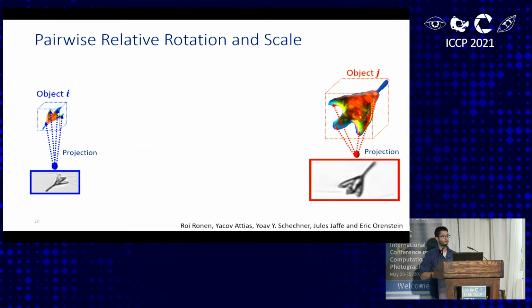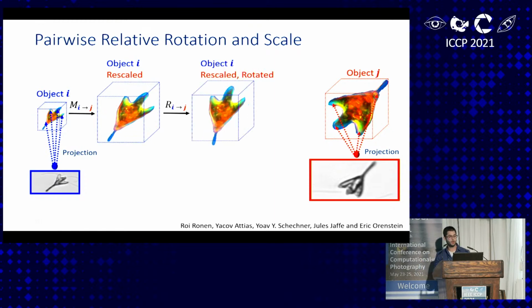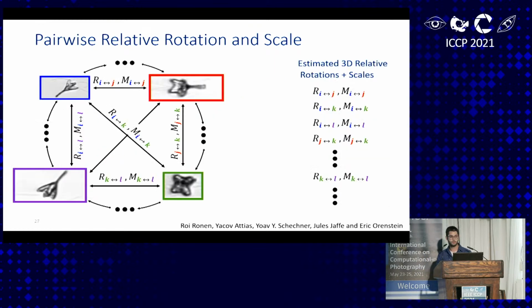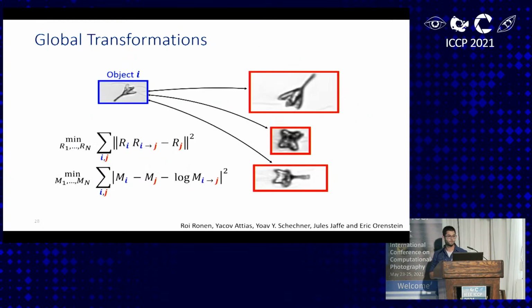Given these transformations from I to J and the projection operator, we can project object I for obtaining a similar image to the image of object J. Similarly, given the transformation from J to I, we can link between image J and image I. Let's assume for a moment that we have a noisy estimation of this 3D rotation and scale between any object in each image pair. We solve optimization problems to recover the global rotations and scales.